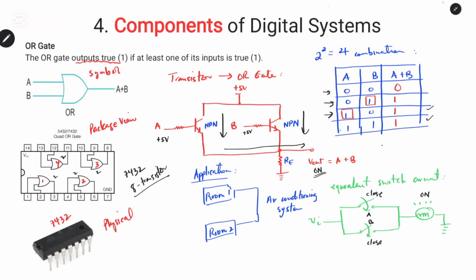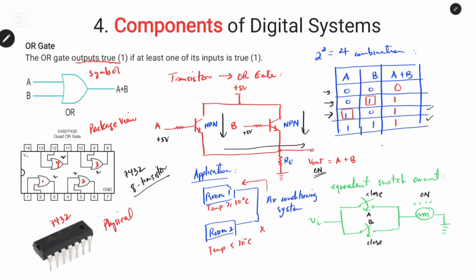However, in this case, if one of the rooms, for example room 1, has temperature greater than or equal to 30 degrees Celsius, and room 2 has temperature less than 30 degrees Celsius, then the air conditioning system will only provide cool air to room 1 and not room 2.